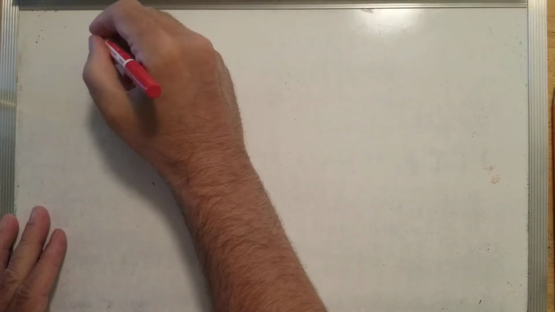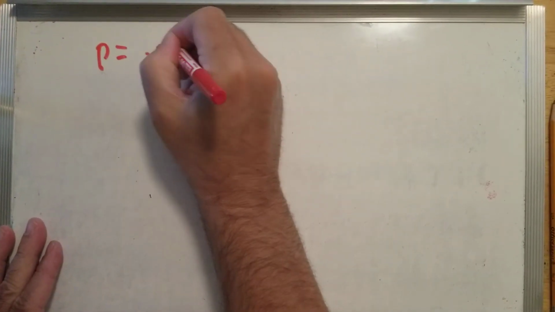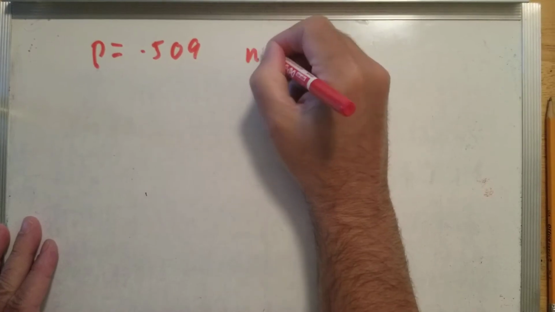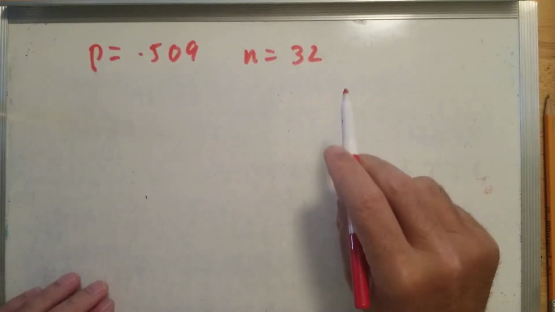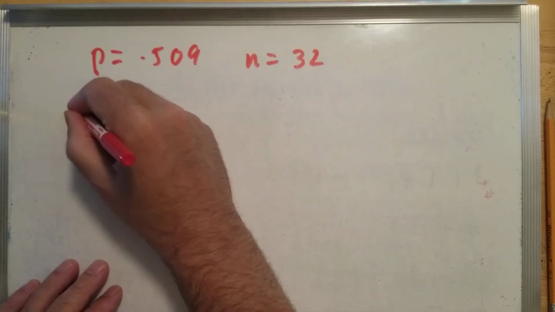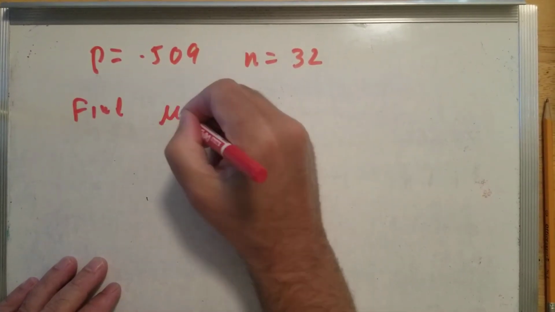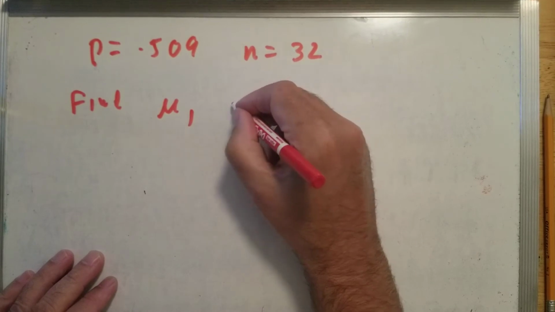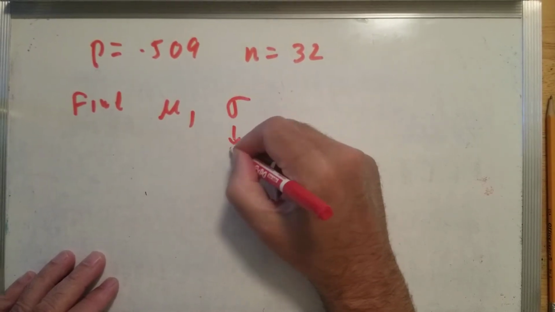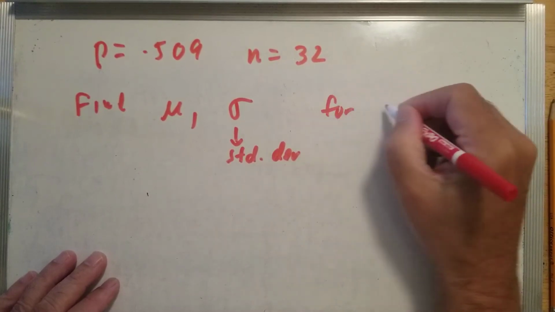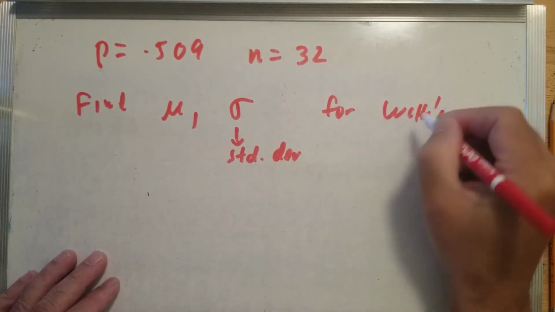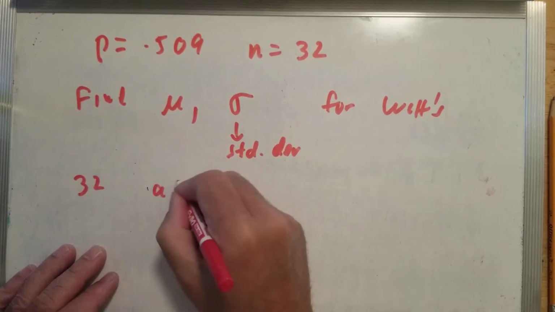So p was 0.509. Let's make n equal 32. Now I'm picking that 32 for a reason. Find mu and standard deviation sigma for Wilt's 32 attempts.